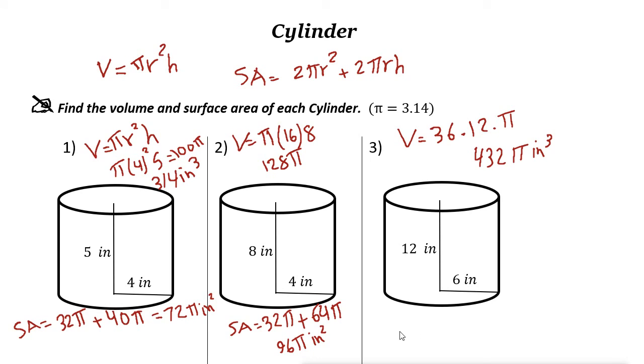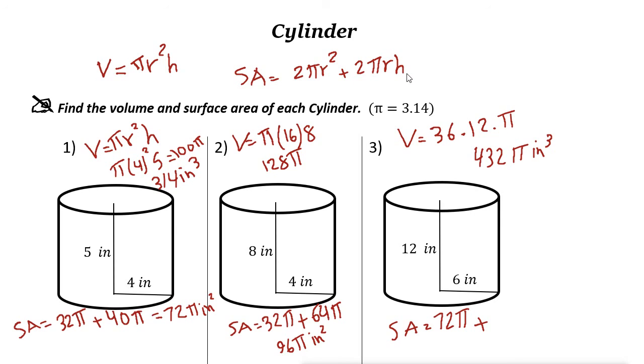This one, for the surface area, the radius is 6. So we're looking for 2 pi r squared. R squared is 36, times 2 is 72. So it's 72 pi plus 2 pi r h.